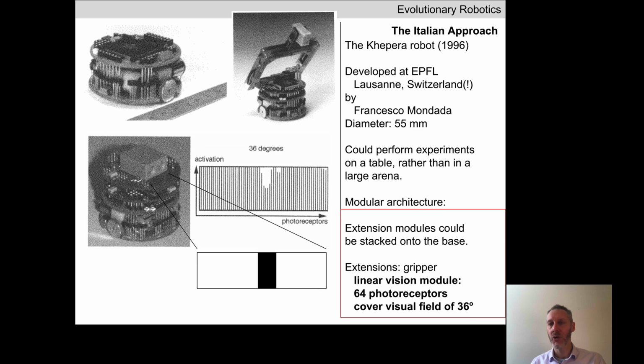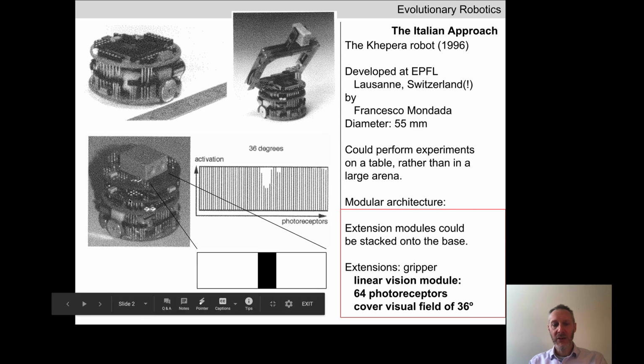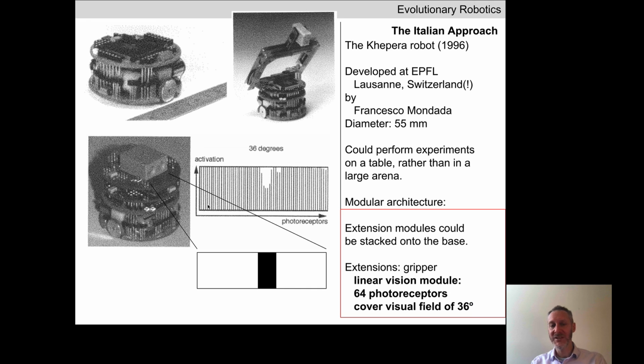on that photoreceptor. So if we took the robot and we put it up against a white wall that had a black stripe down the middle of the wall, and that black stripe was in the center of the vision of the robot, you could visualize what the robot would be seeing at that point.